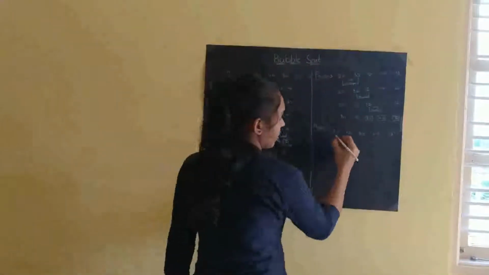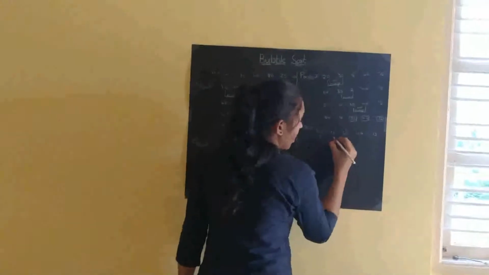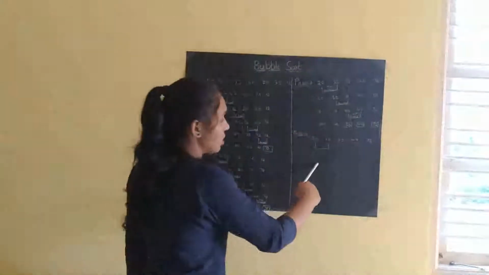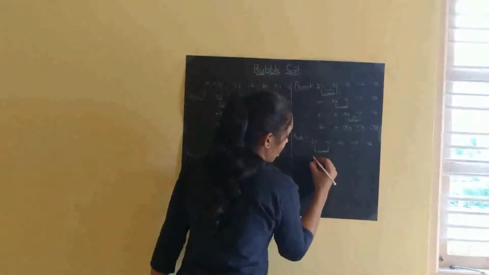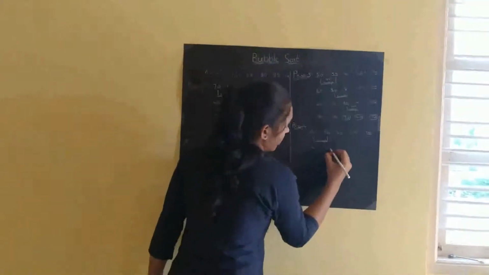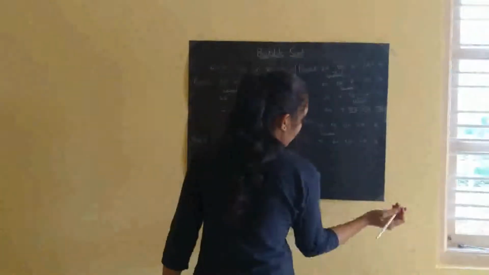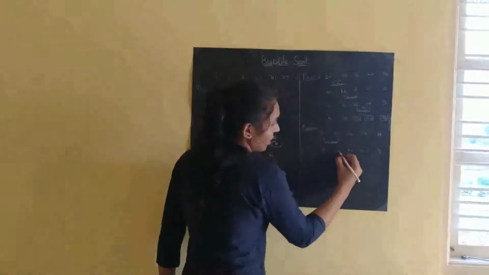Here we are comparing 20 with 12. Here 20 is greater than 12. So we are swapping. 12, 20, 35, 46, 72. Next we are comparing 20 with 35.